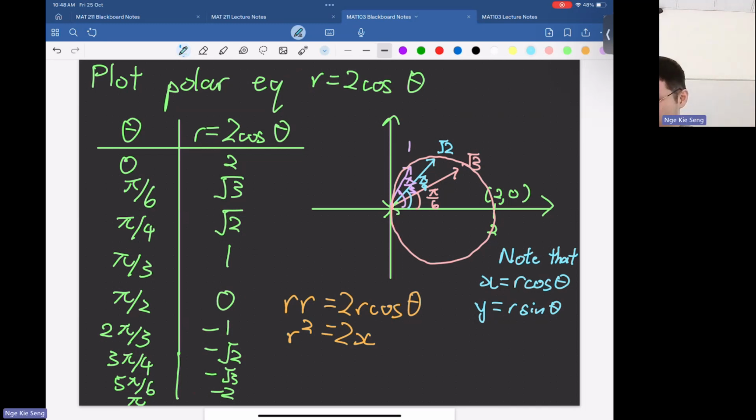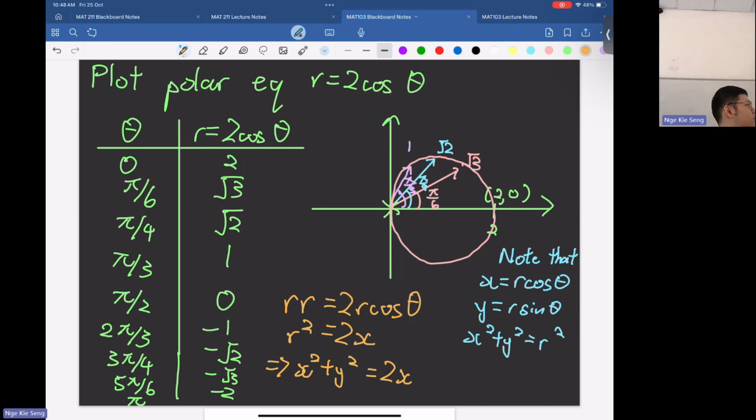At the same time, we also know that these points have to satisfy x squared plus y squared equals r squared. So we have x squared plus y squared equals 2x. But it's not quite a circle equation, right? So how do we make it a circle equation?